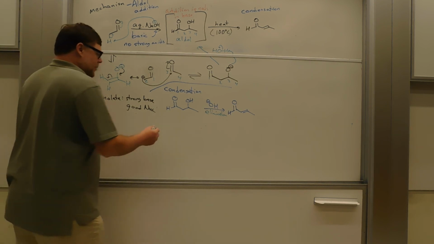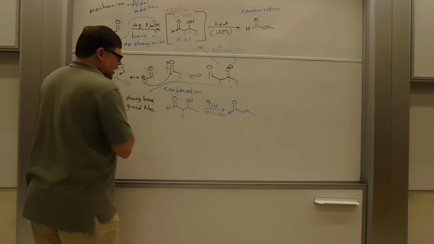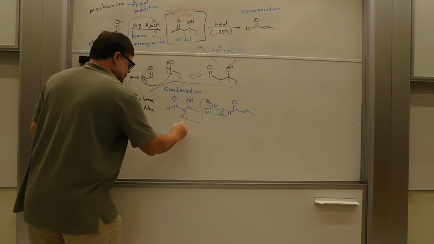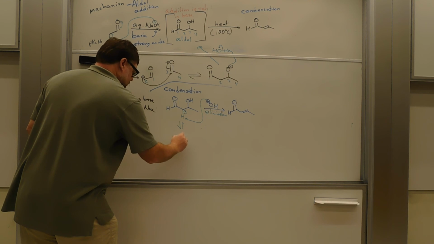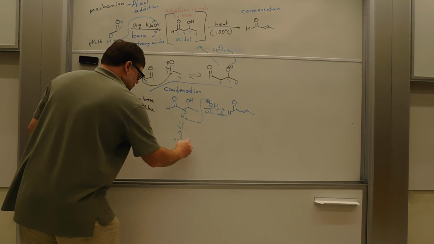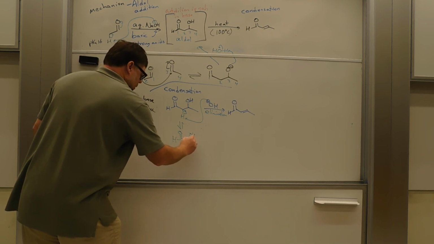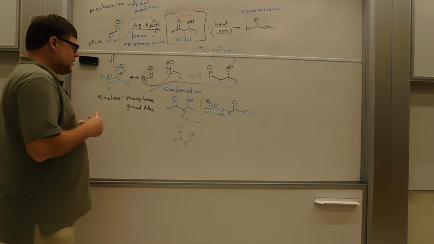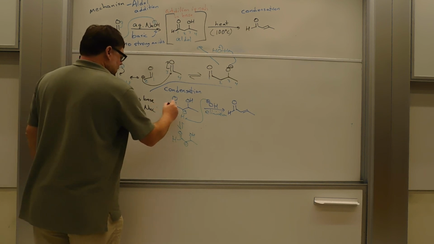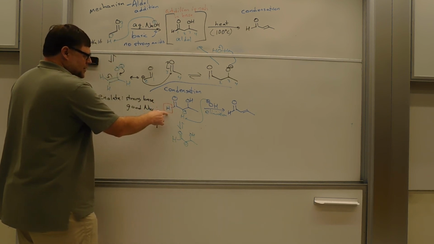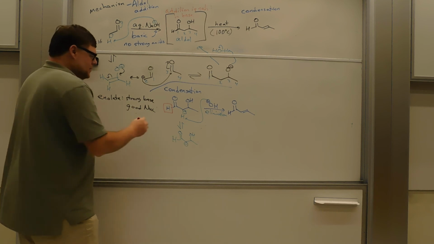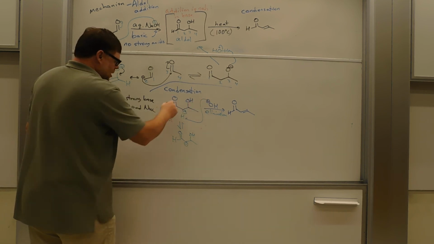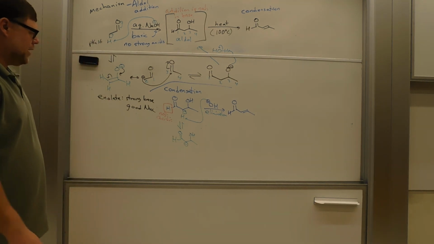And so here's what happens. We still have alpha carbons. The hydroxide takes the alpha hydrogen and we get the enolate. Another thing, never take this one. The aldehyde hydrogen is not acidic, so your base is never going to take the aldehyde proton.